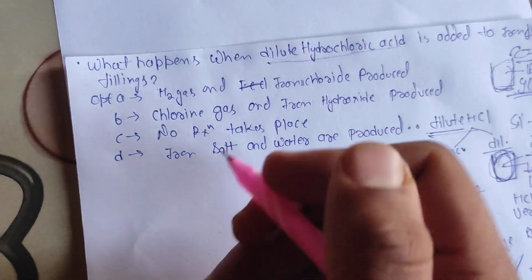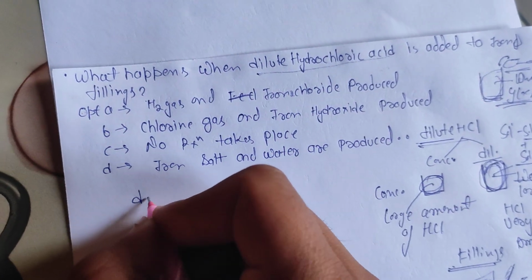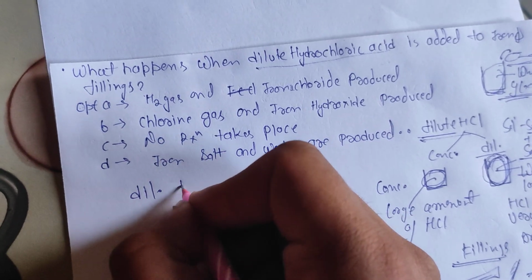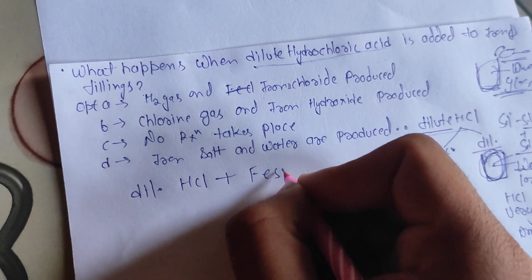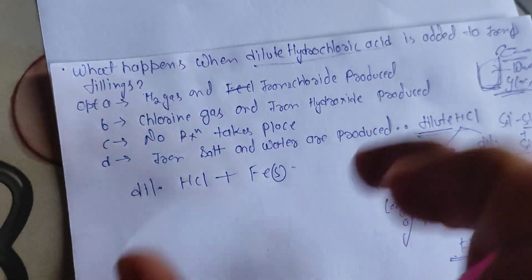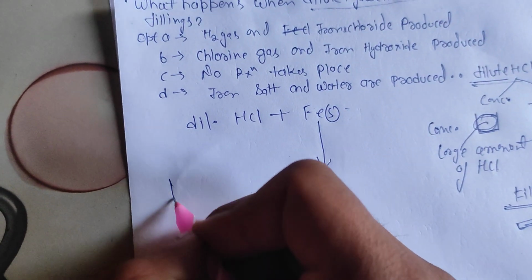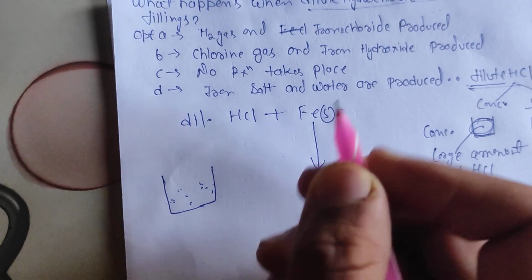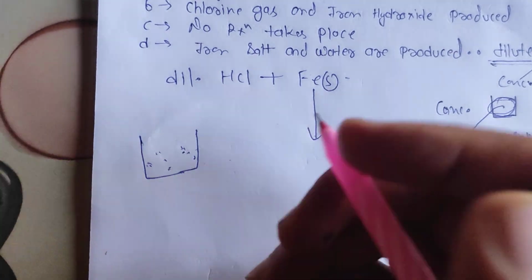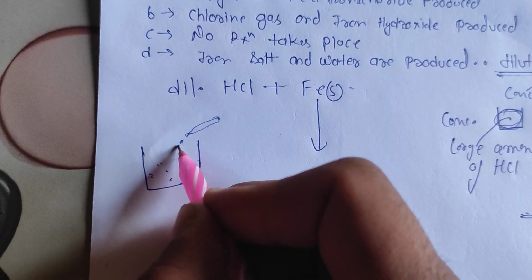Now the first thing: dilute HCl is added to iron, which is in solid form, in dust form. Let's see what happened. This is an example of iron dust, and we add the dilute HCl on it.